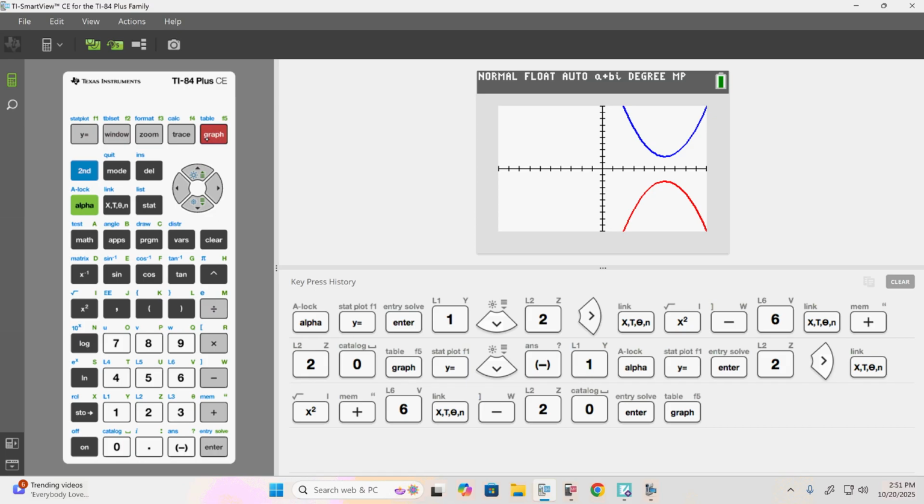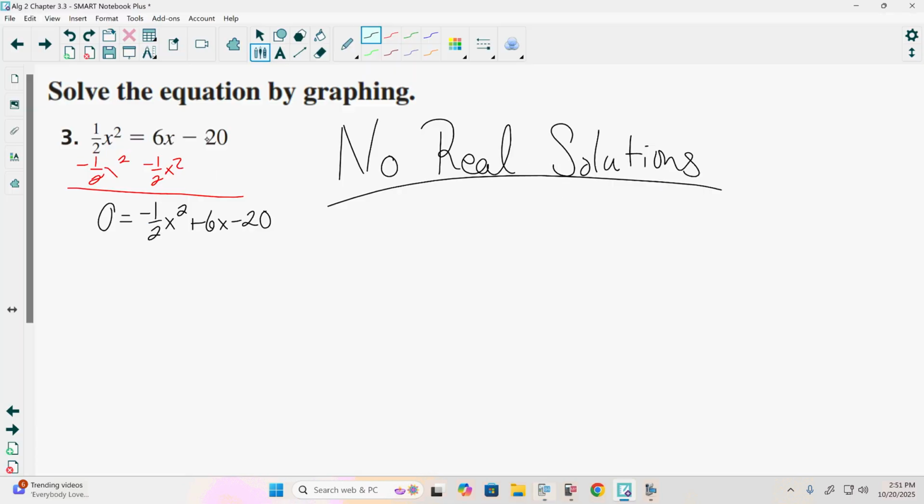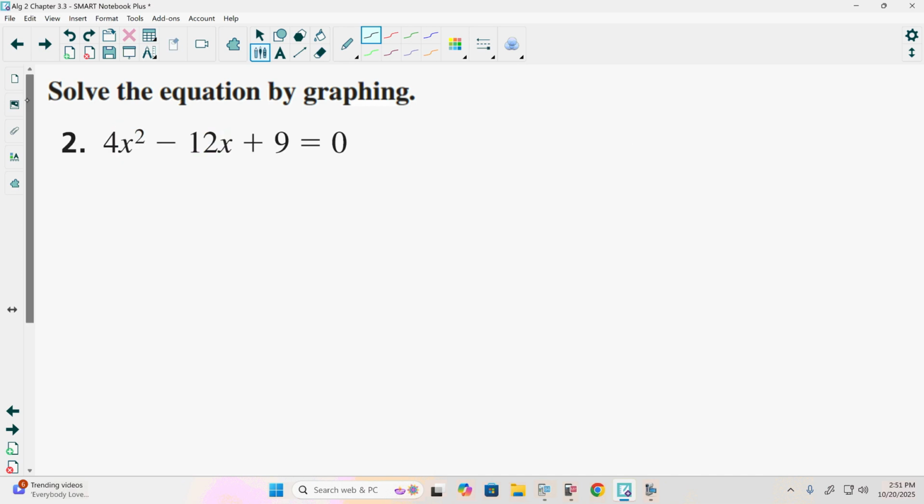Does it cross the x-axis? No, it's still no real solutions. Because no matter how we have it set up, really all we did was flip the signs. We really just multiplied by negative 1. The solutions don't change. The rest of the function, how it looks, changes, but the solutions will still be the same.